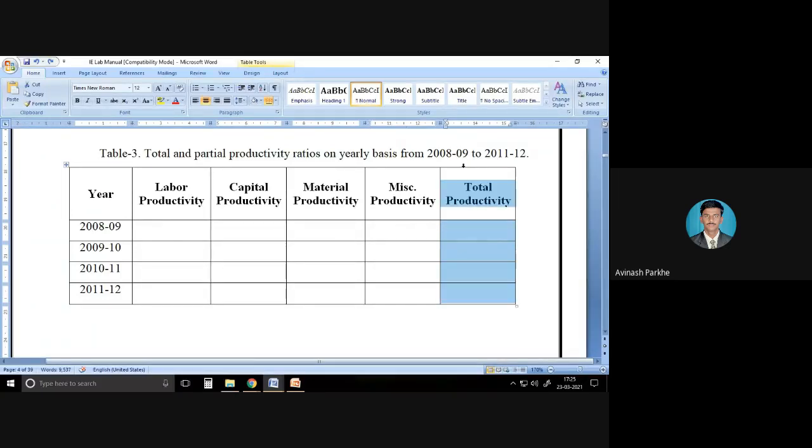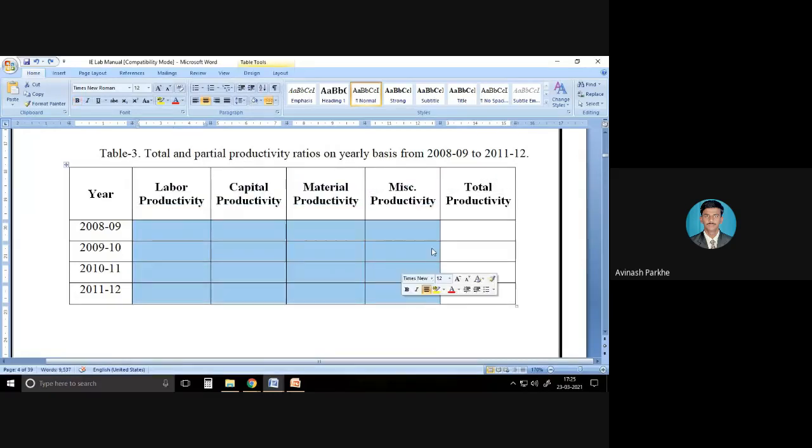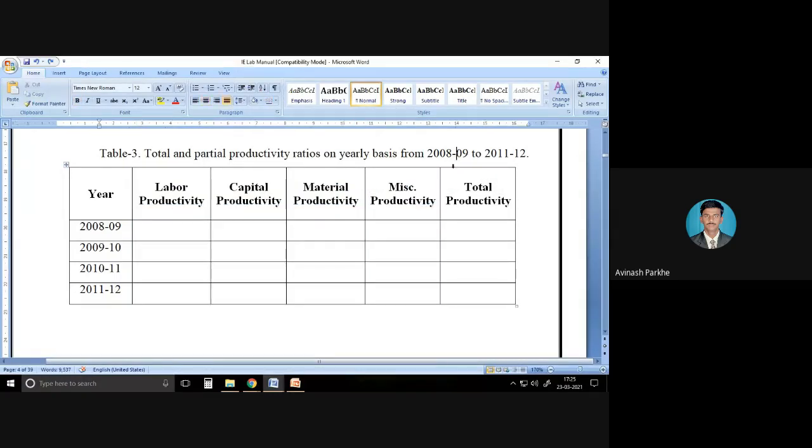And these 4 columns, whatever I have selected, represent the calculation related to the partial productivity, where total output upon each input. So you have to fill all these values here, and the last column is applicable for the total productivity, which is equal to total output upon total input.